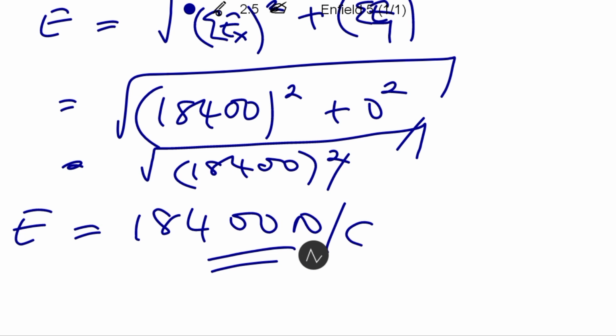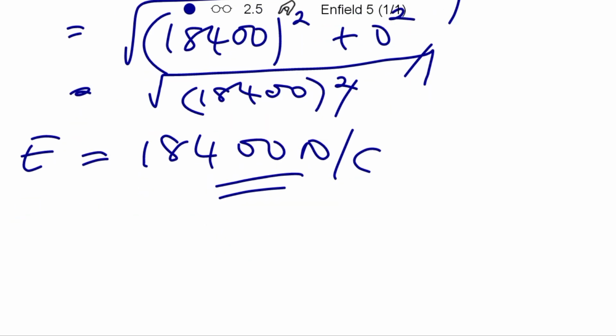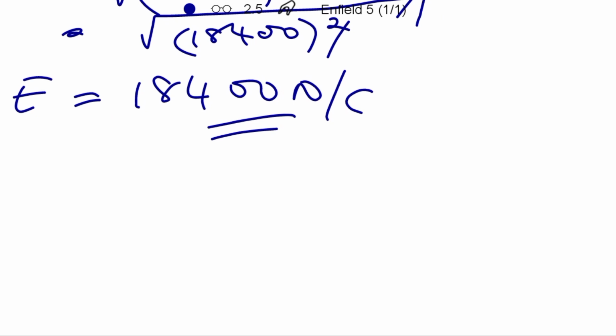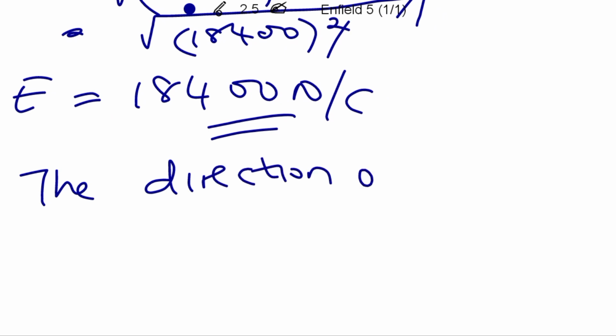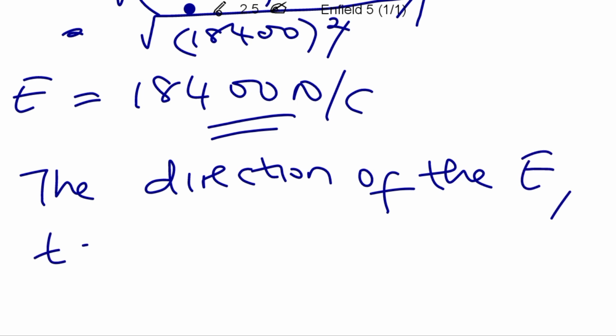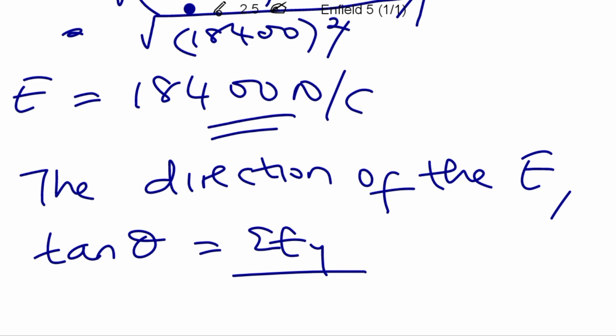So since we got the resultant electric field to be that, what is left is now the direction of the E field. The direction of the resultant field can be calculated by saying tan of theta, or whatever you like to call it, equals the summation of E of y divided by the summation of E of x.